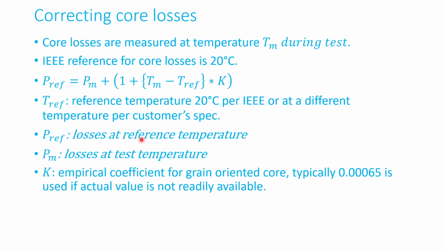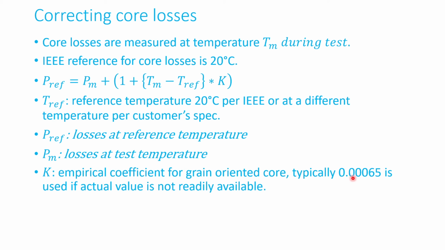Pref is the losses at the reference temperature, 20 degrees Celsius per IEEE, or at whatever temperature the customer wants the loss to be corrected to. Pm is just the losses at test temperature. K is an empirical coefficient for a grain-oriented core.